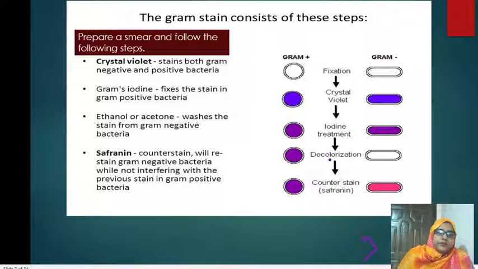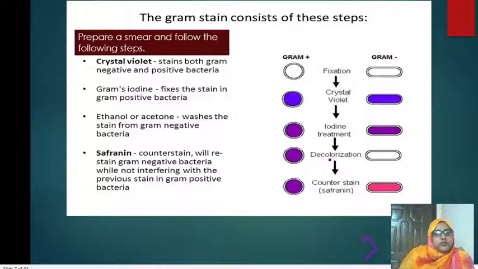Using these steps, as a primary stain, use crystal violet dye, and as a counter stain, use safranin. The first one is a primary stain, then we add gram iodine. The gram positive will take that iodine and fix the crystal violet dye. Both fix that dye, but after decolorizer treatment, the gram negative will decolorize.